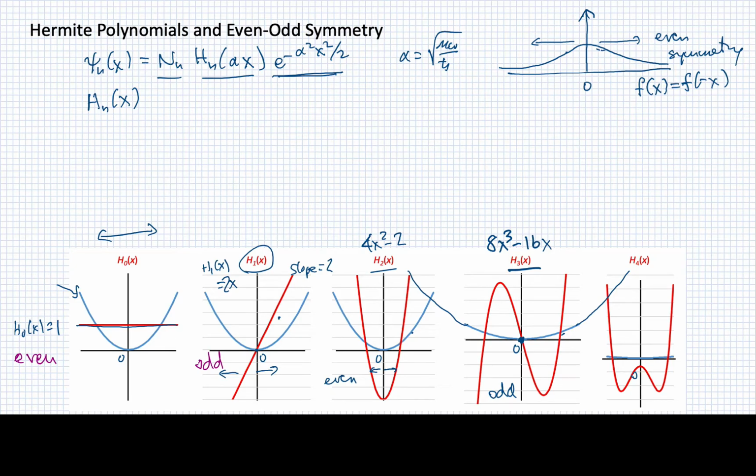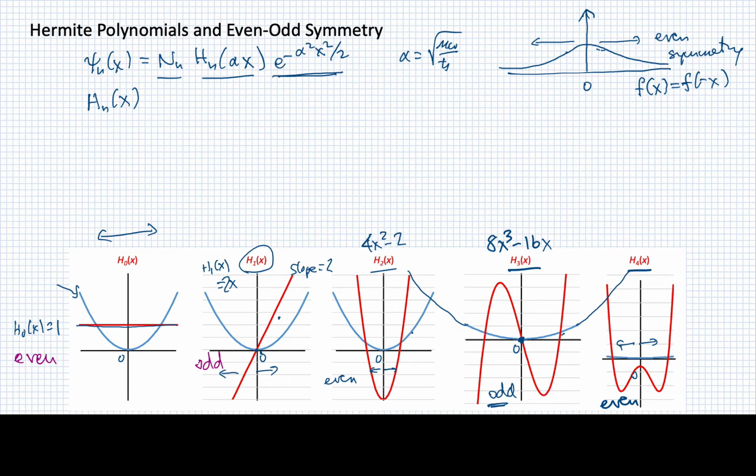One way you can easily tell is if the function goes through the origin and crosses from positive to negative, or negative to positive, then it's likely to be an odd function. It may be neither odd nor even, but it cannot be even. Finally, for H4 of x, we have a function that clearly is symmetric with respect to flipping across this border, so this is an even function.